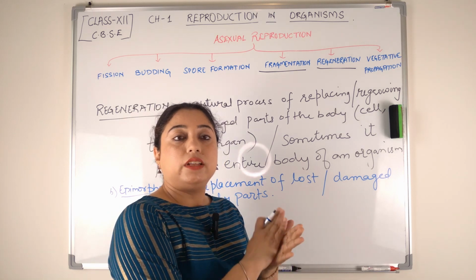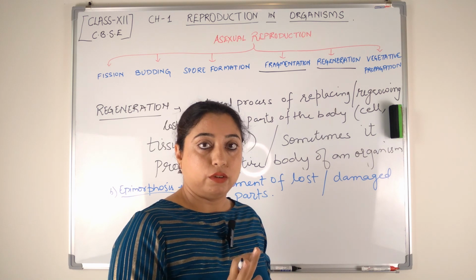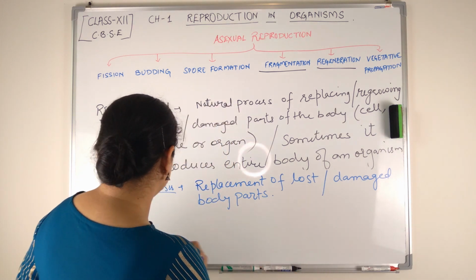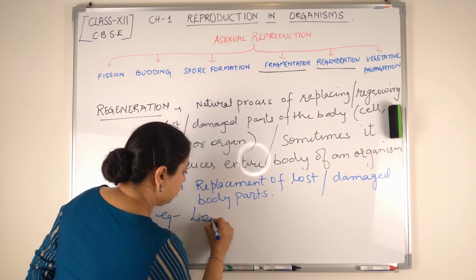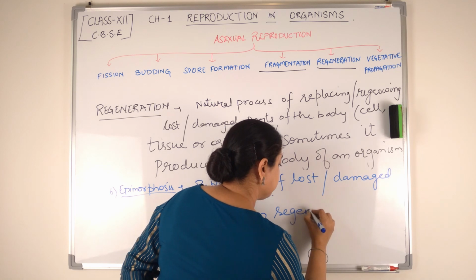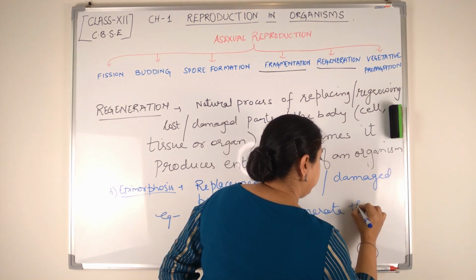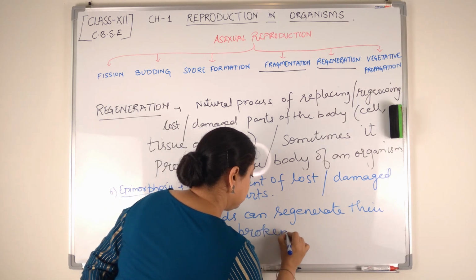Rather, in this, there will be a replacement of only the lost part or the damaged part of the body. Clear? Example, lizards can regenerate their broken tail.